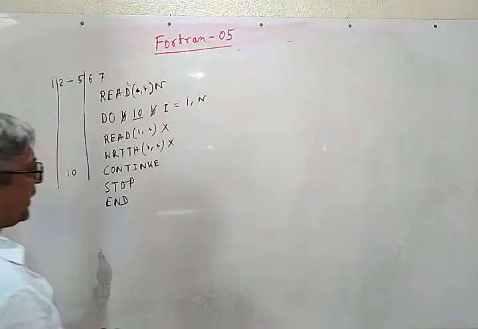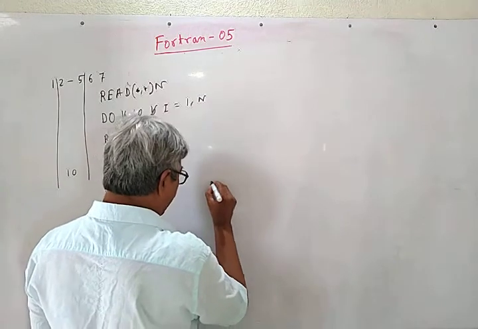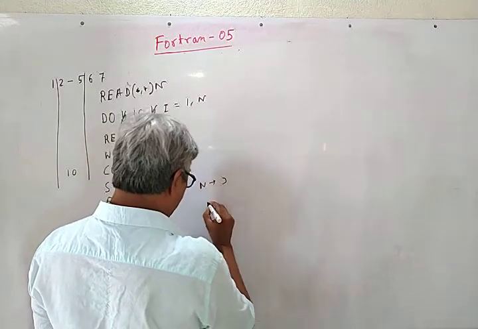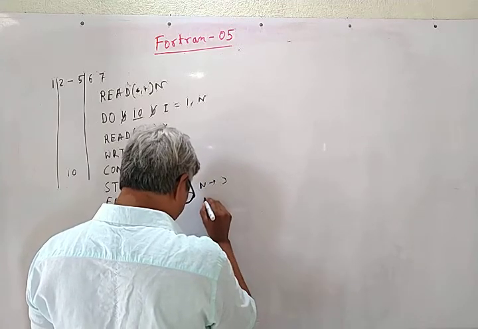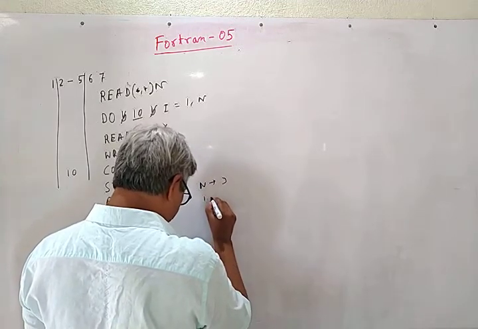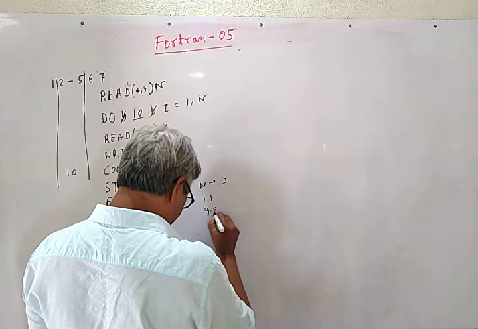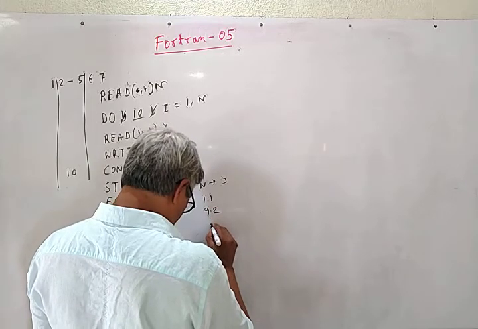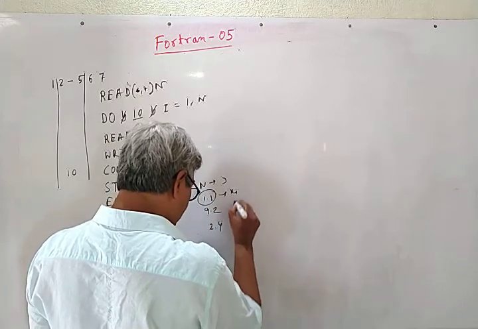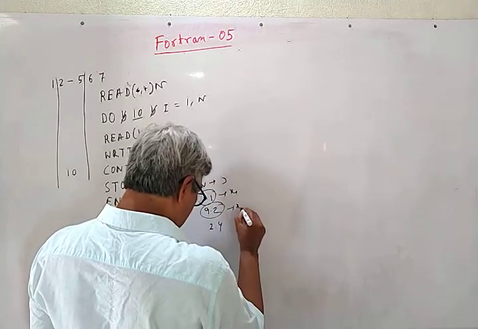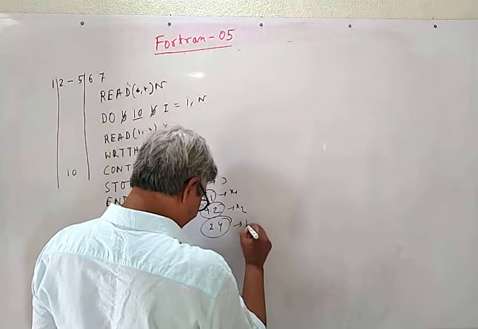So if we provide n is equal to 3, then what the program will do in the output: we first write the value n is equal to 3, and then say 1.1, then 9.2, and then 2.4. So its first value will be assumed to be x1, then x2, and this is x3.